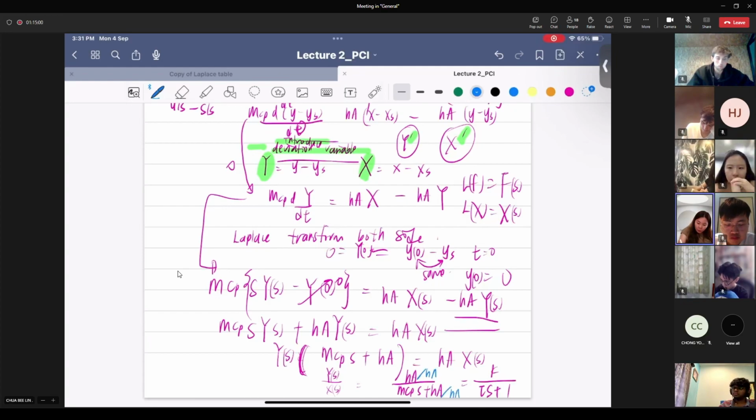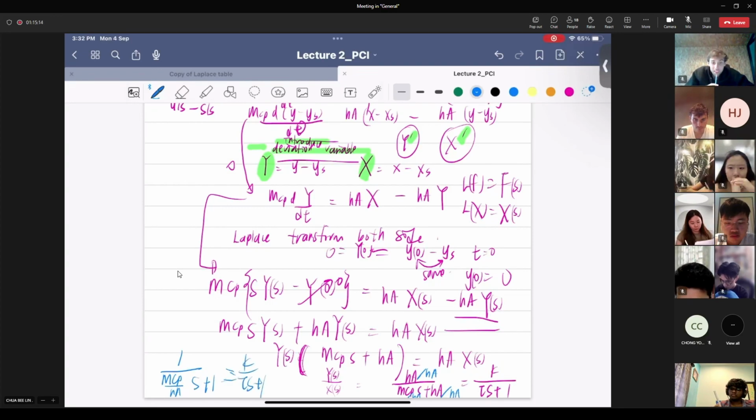Then you divide the whole equation by HA to give the final equation of 1 over MCP over HA S plus 1, to be K over tau S plus 1. So your K is 1 and your tau is finally this. This will be your K, this will be your tau.